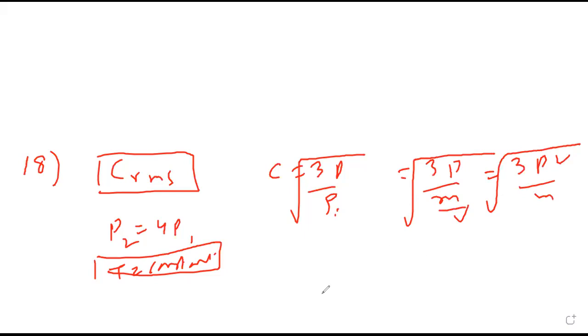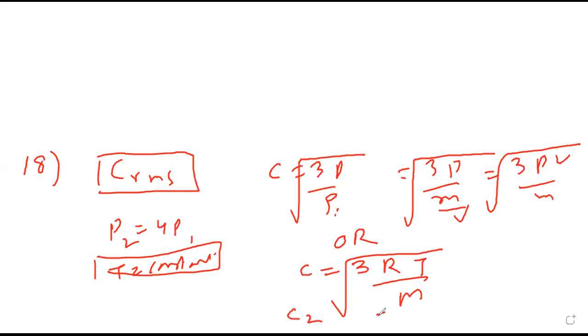What is pV at constant temperature? Is it constant? Or either this or C is root of 3RT upon M. So when T is constant, C is constant. So can I say the RMS speed will remain C2 same as C1, which is CRMS. Option C.